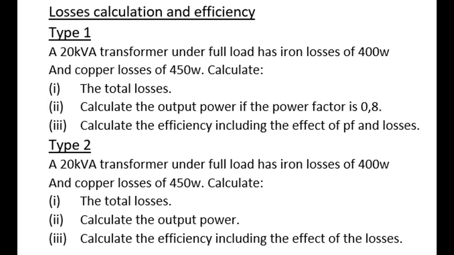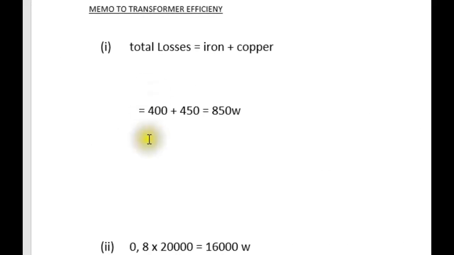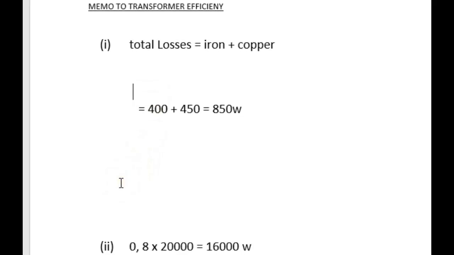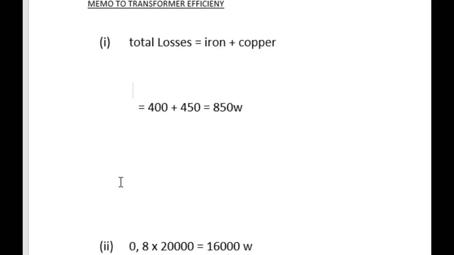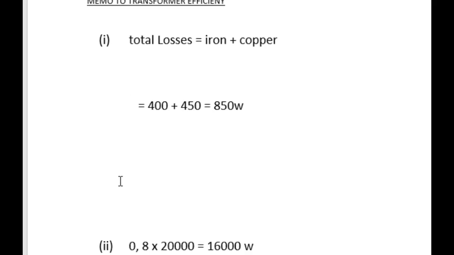When you see the unit kilovolt-amps, they're referring to apparent power. Here they said the power factor is 0.8, so it would be 0.8 times 20,000, which gives us an answer of 16,000 watts.